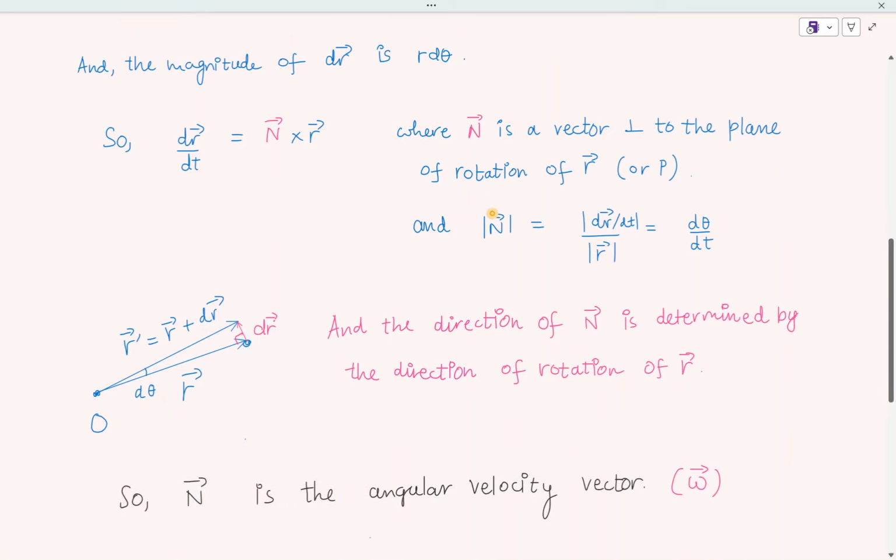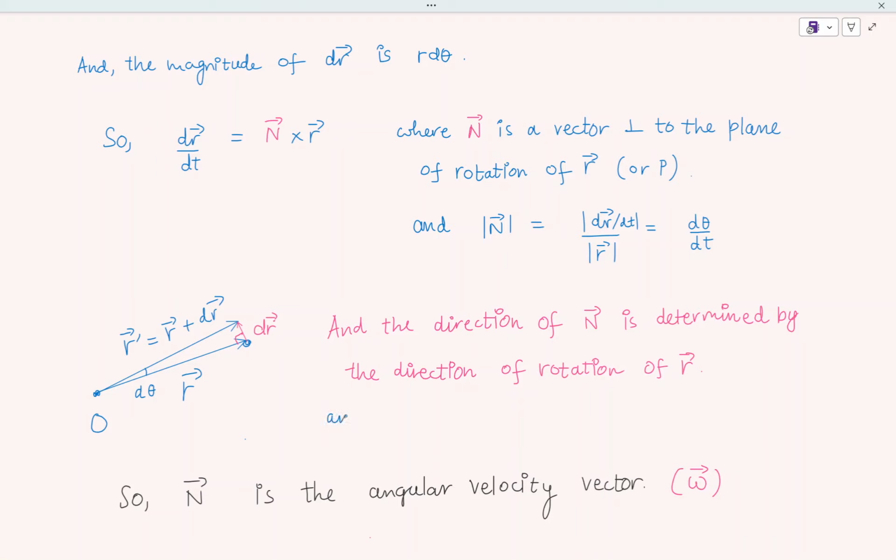और इसमें एक और फाइनल पॉइंट है that there are two possible directions of n, which is determined by what is the direction of rotation. तो अगर एंटी क्लॉकवाइज रोटेशन है, जो कि हमने यहाँ पे लिया है, then n must point out of the plane. So let me write it down over here.